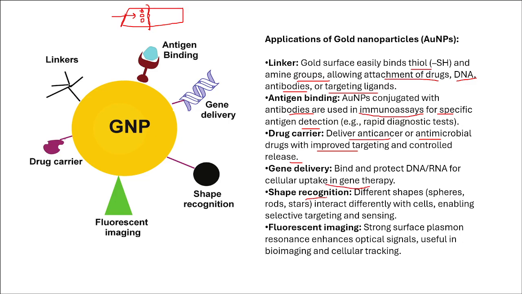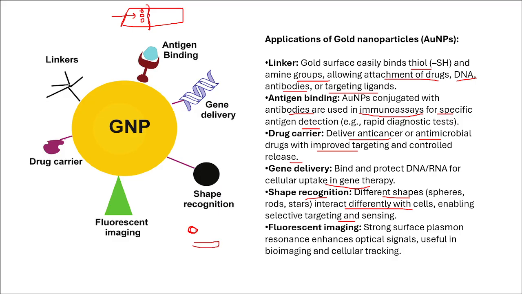The other one is shape recognition. Different shapes, spheres, rods, stars interact differently with cells, enabling selective targeting and sensing. Now, one thing that I want to discuss is, maybe a lot of you already know, it's not like whenever we're talking about gold nanoparticles, these are spherical in shape. Gold nanoparticles can be synthesized in different shapes.